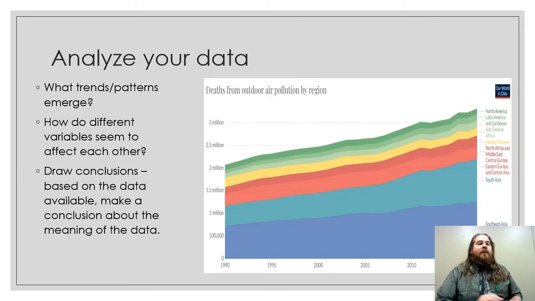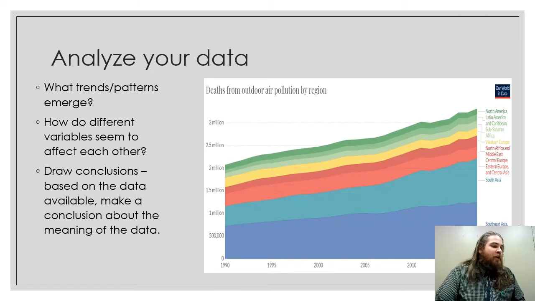So then we look at these things and we analyze them. We look for trends, we look for patterns. What stands out about the information? How does the information compare to other stuff? One of the big things is how different variables seem to affect each other in different ways. As you can see on this chart, North America has very, very low rates of pollution.